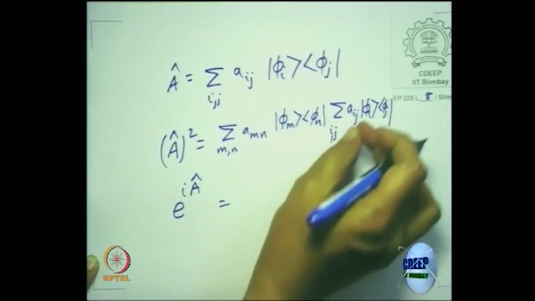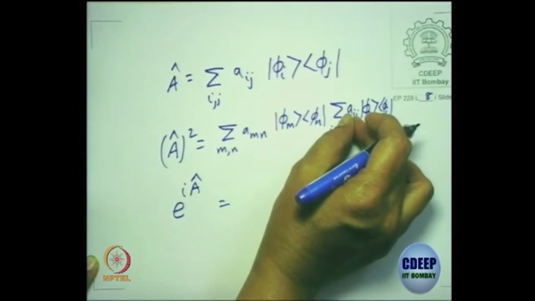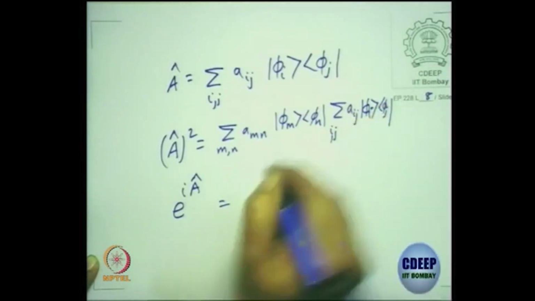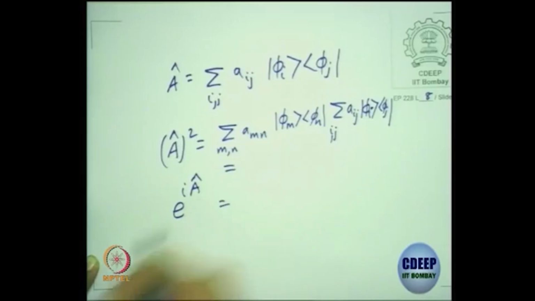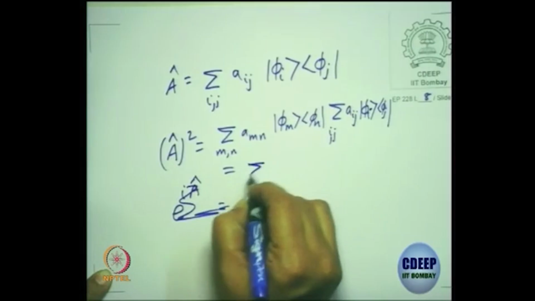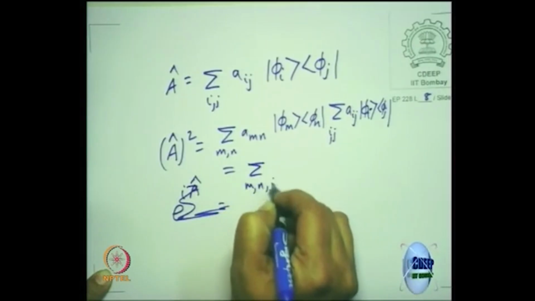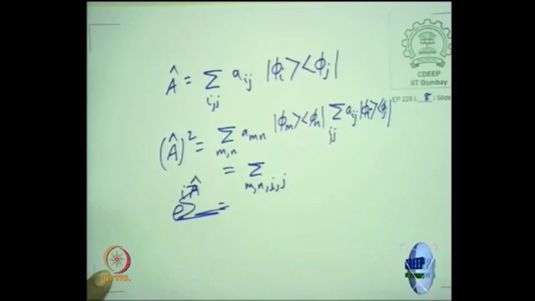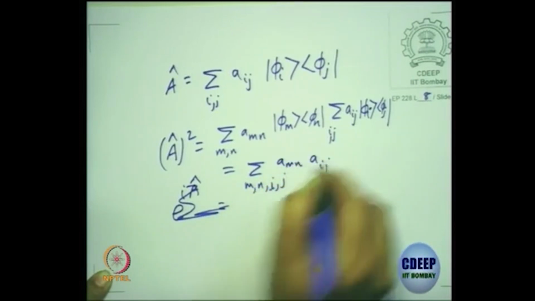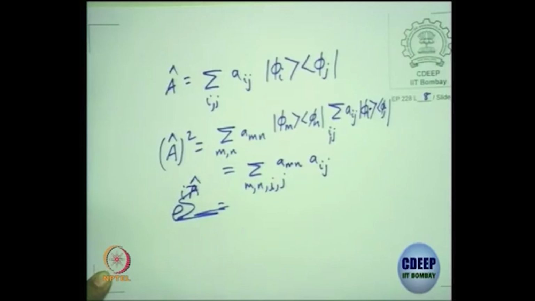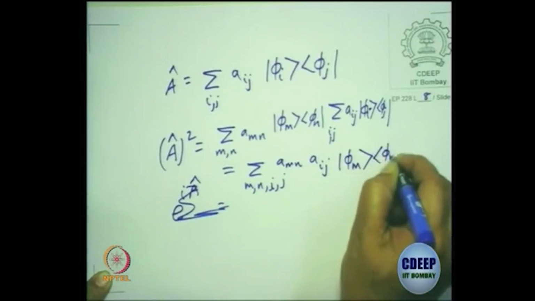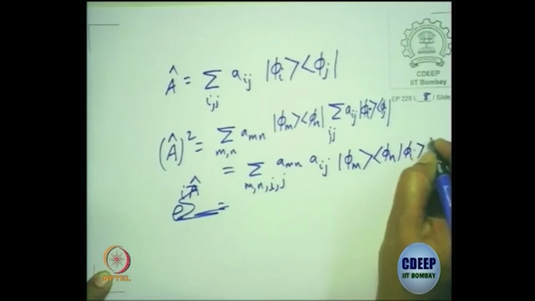And then what do you have to do? These are numbers. <phi_n|phi_i> will be what? Summation over m, n, i, j, take all the scalars out, and then what do we have? |phi_m>, then <phi_n|phi_i>, <phi_j|.